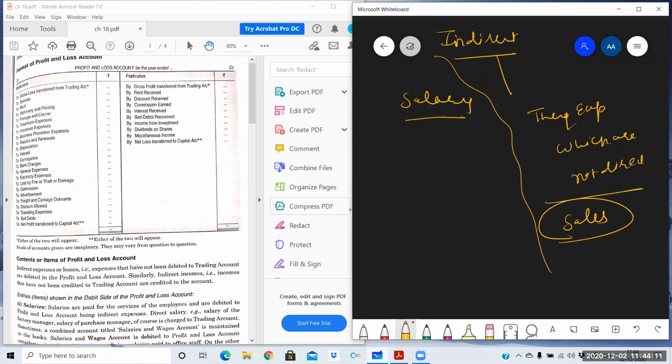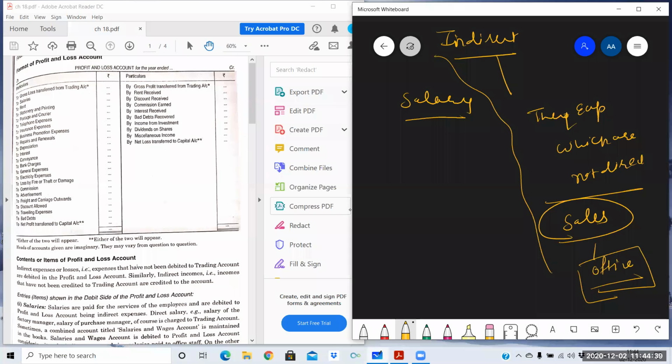And indirect expenses are all those expenses which are related to office, not to the factory, and which are related to the sales, which help to sell the goods. So all the direct expenses will find a place in trading account, and all the indirect expenses will be written in profit and loss account.